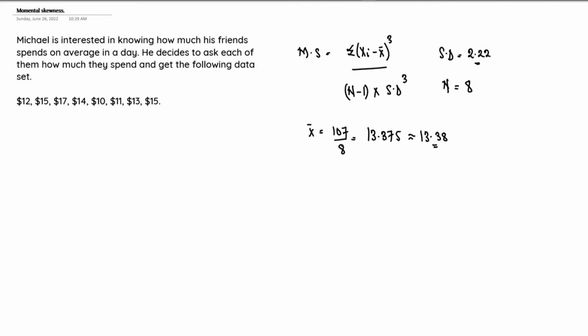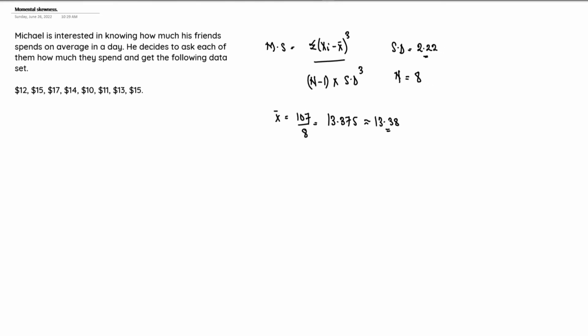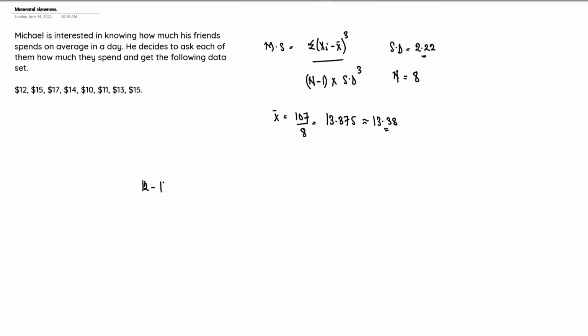The next step is for us to get the third moment around the mean. So for the first variable 12, we have 12 minus 13.38 all cube, plus the next variable 15 minus 13.38 all cube.